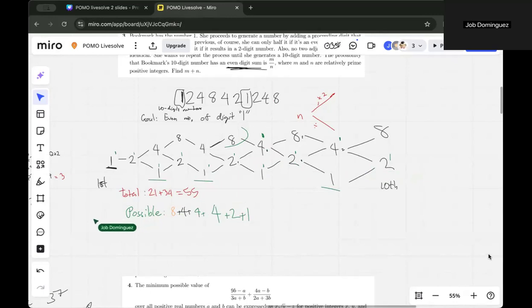Oh, wait. The graph seems to be missing. Then check other cases if there's possible. Like if we start now, if we skip the first digit one here, then we will continue here.